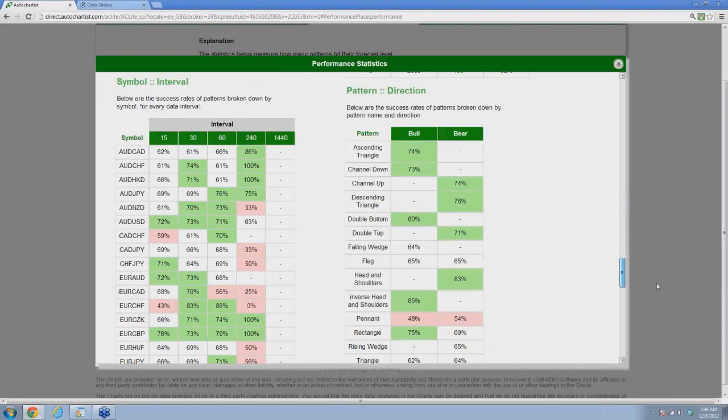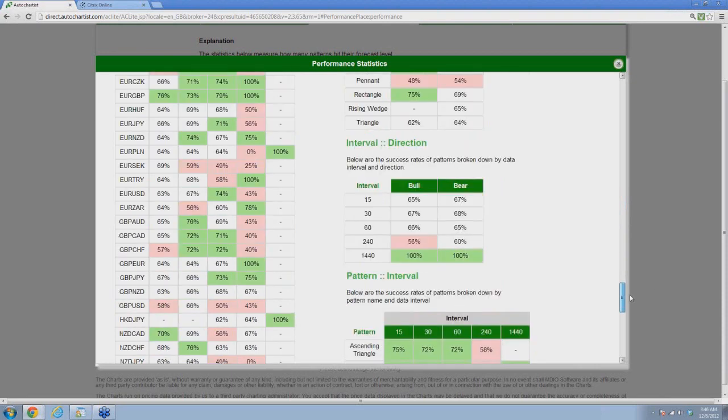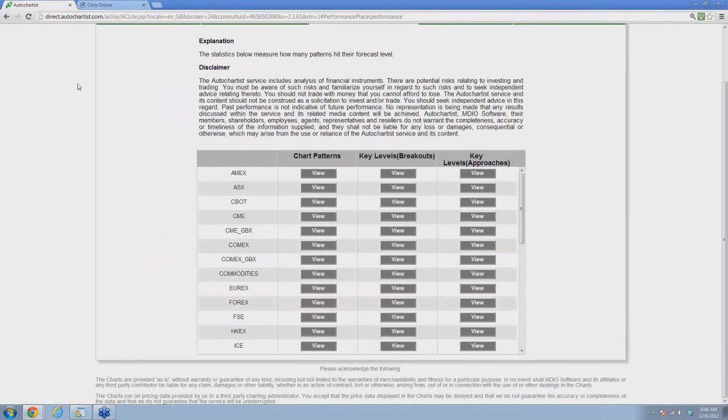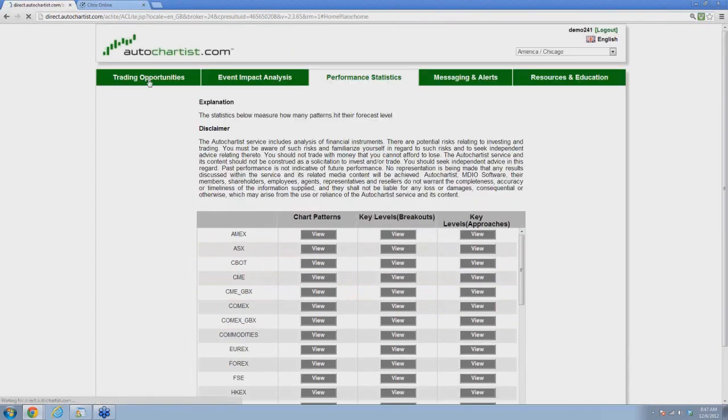I'd have to say that because you can get anywhere from 1 to maybe 500 time periods or candlesticks that form a pattern, there are just too many variables to look at and come to a conclusion.